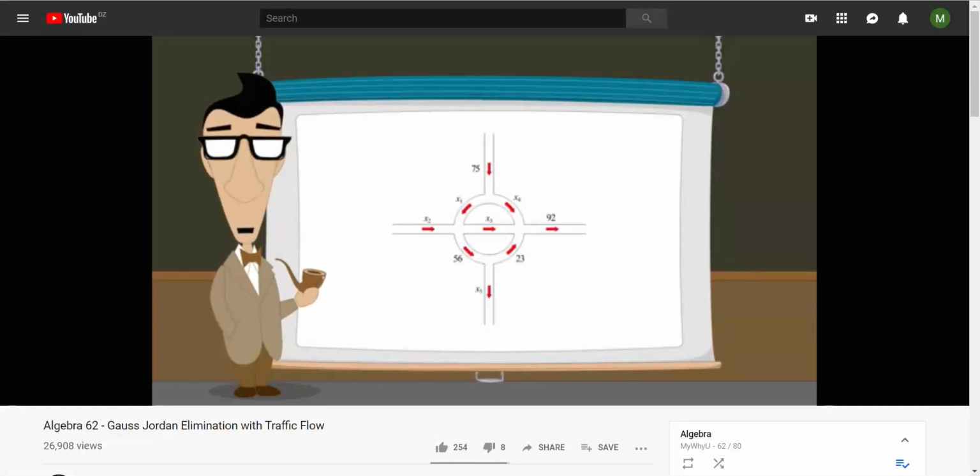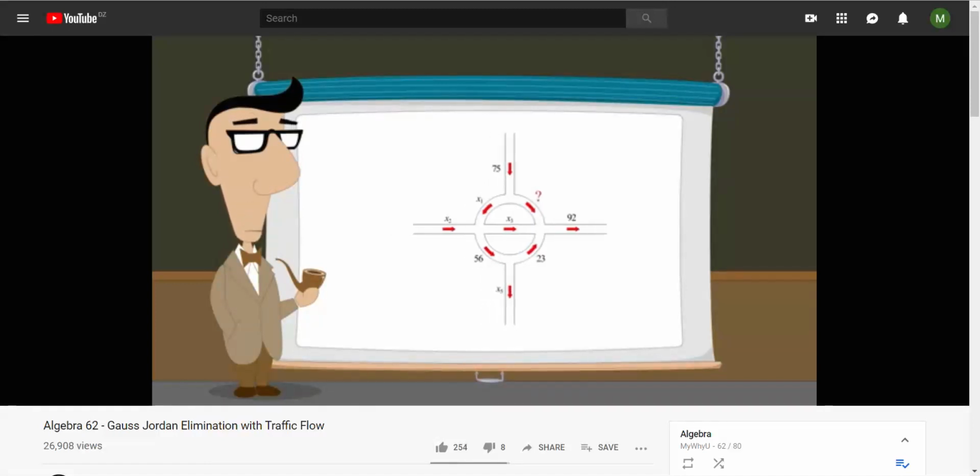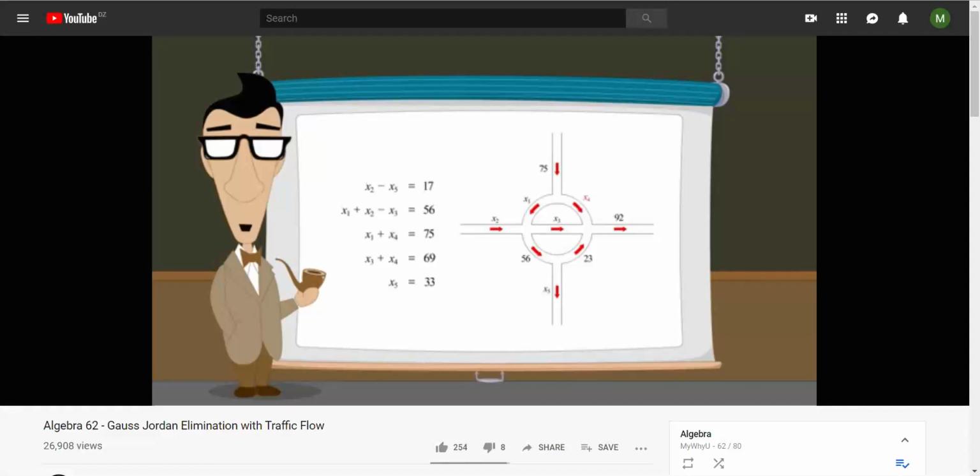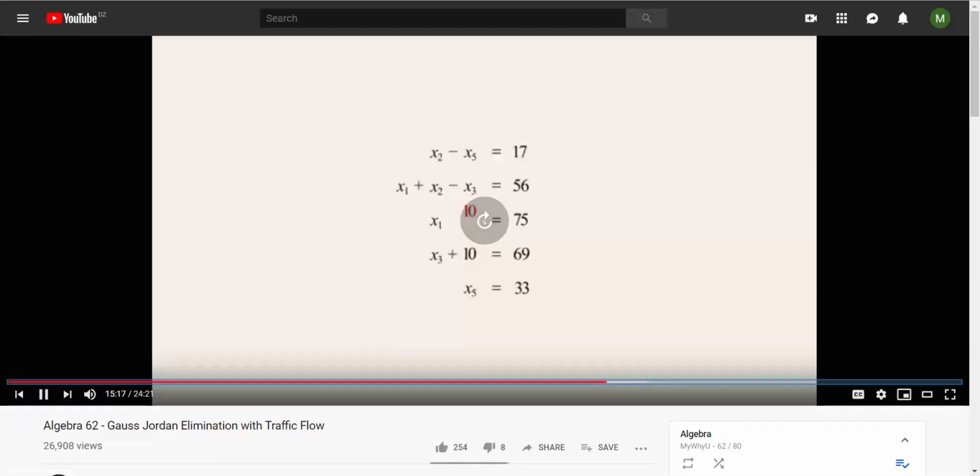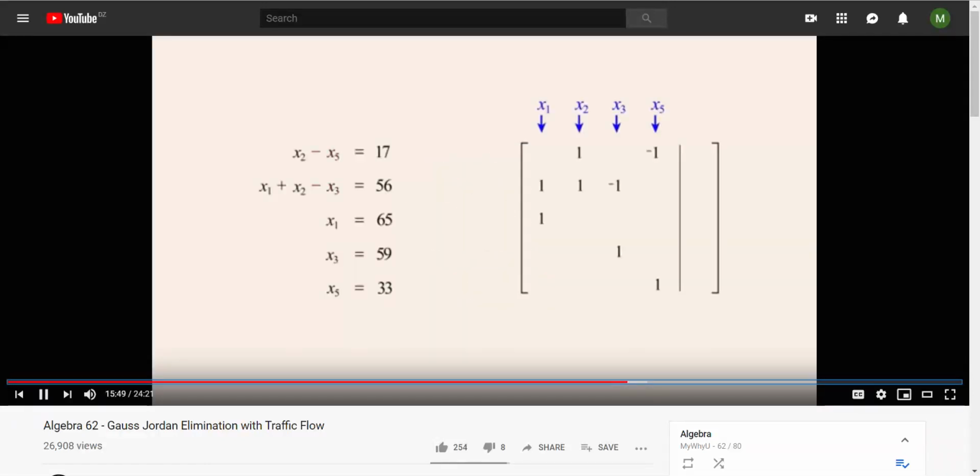And as we saw, depending on the value of x4, the calculated values for x1 and x3 varied. So what if we made an additional measurement to determine the actual traffic flow at x4? What effect would this have on our system of equations? To find out, let's go back to the simplified equations created from our original traffic model and plug in a value for x4.